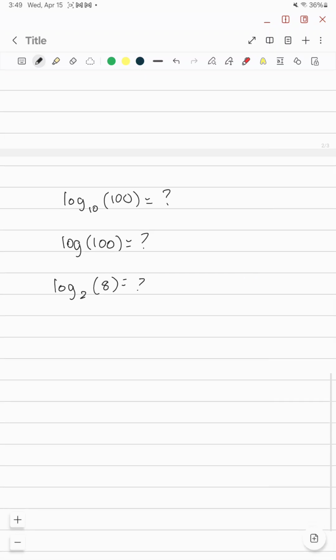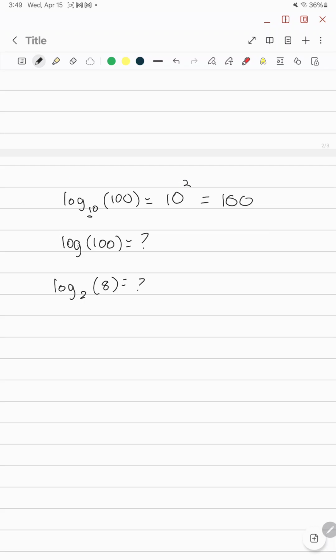Try to figure out log 10 of 100 equals question mark. Well, we know the base is 10. We know the answer would be 100. So what's the exponent of 10 to get to 100? Well, it'd be 2. And then this is a little bit tricky.